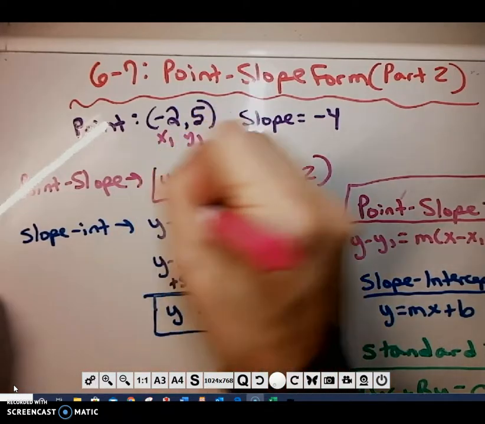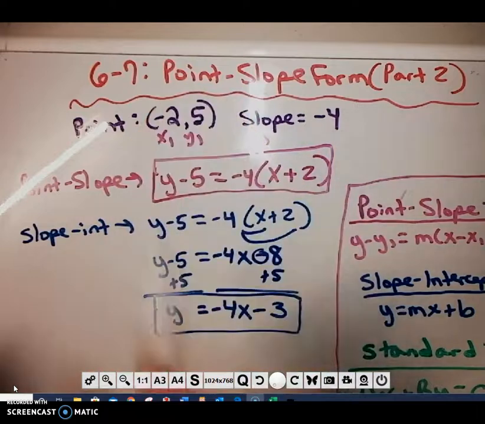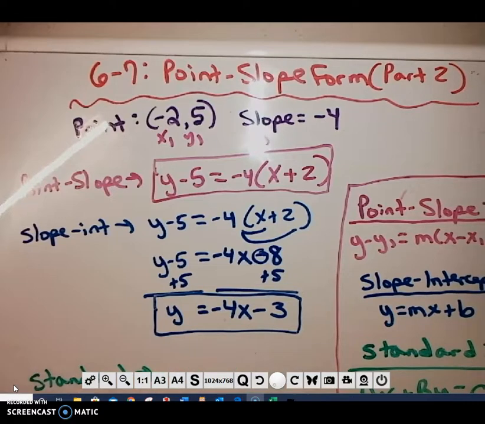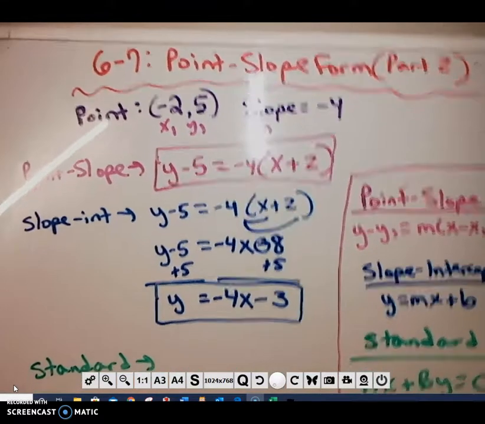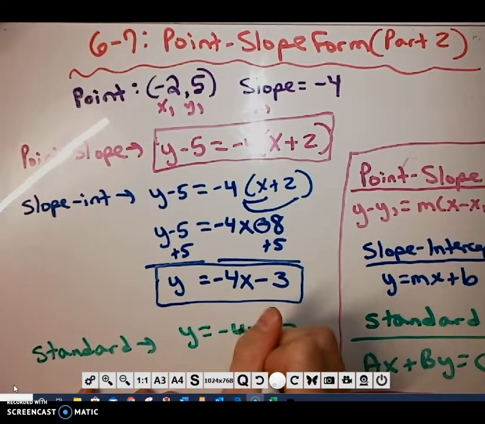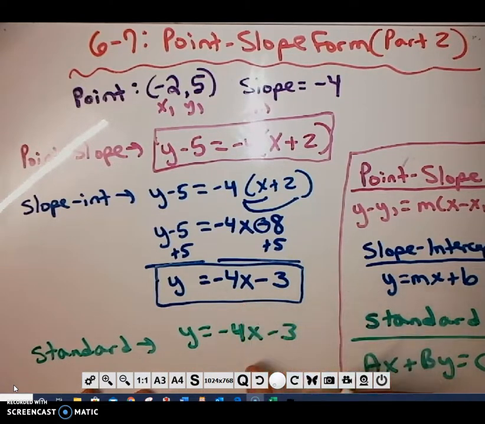Okay, this is point slope. This is slope-intercept. Now I just need to put it to standard form. This is like the easiest part. Standard form you're going to do after slope-intercept. You're going to take the name of your line in slope-intercept form. That's here. I just rewrote it so you can see it in the green: y equals negative 4x minus 3.